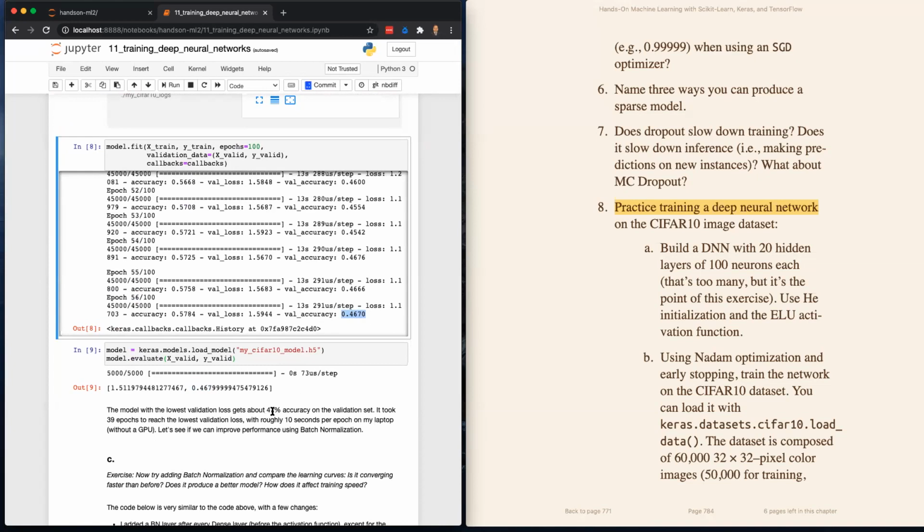I think he was getting around 47. I'm getting 46.7. It's almost the same. Just a quick question: have you tried this, any of you, and have you got any better accuracy?